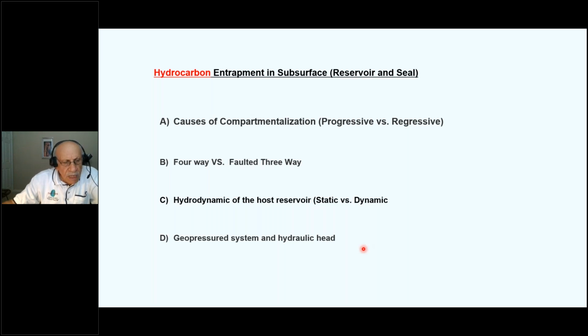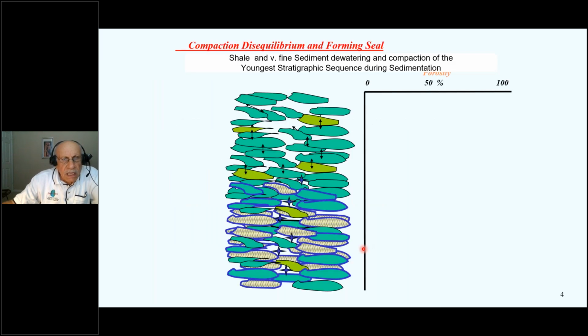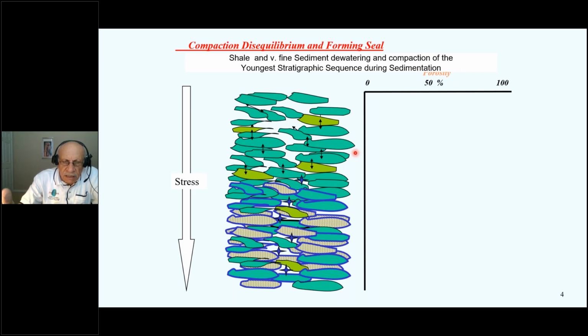So let's go. We see what is the deal with build up pressure with stress. What we need: stress. First of all, sediments come from the continent, deposit in the deltaic system, in the sea or in the ocean, and then they start compacting.